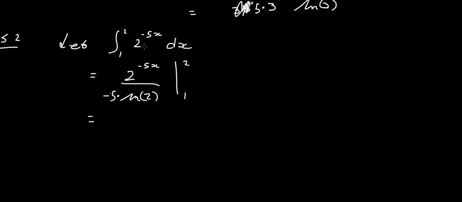Now, you would have done this by u substitution once again. So you would have said the integral from 1 to 2 of 2 to the minus 5x dx. Then we say let u equal minus 5x.